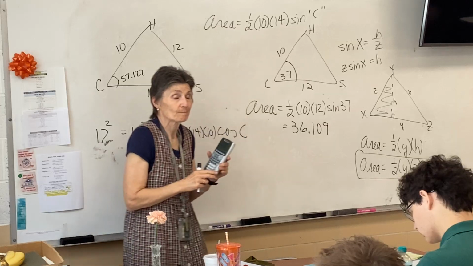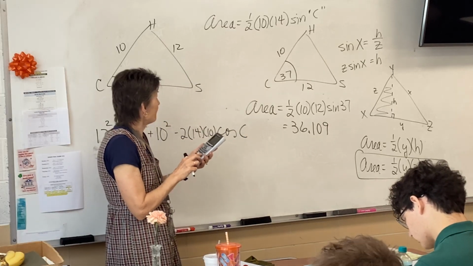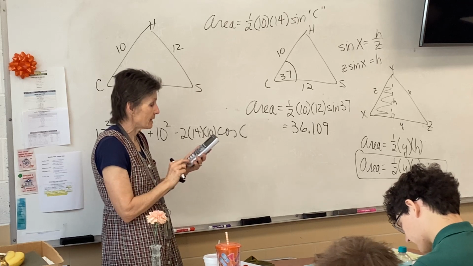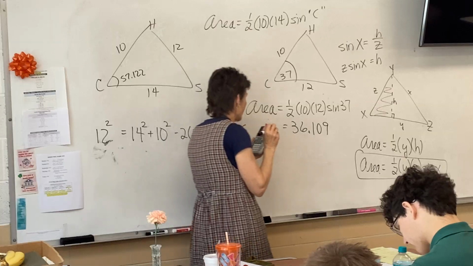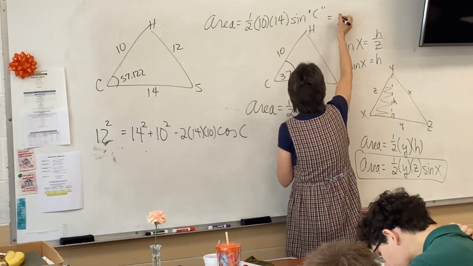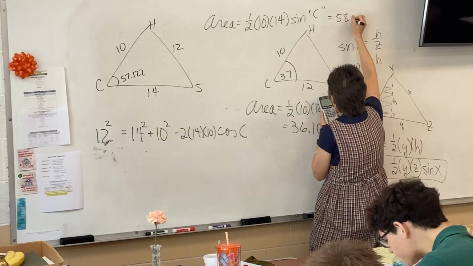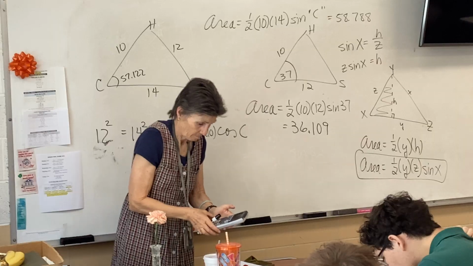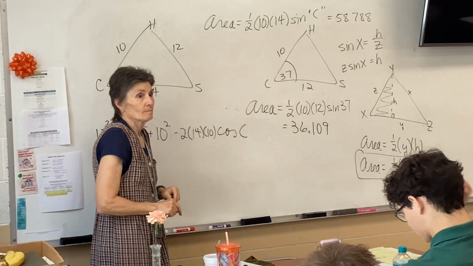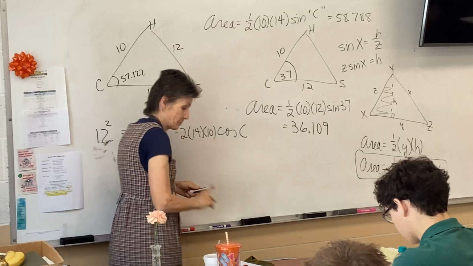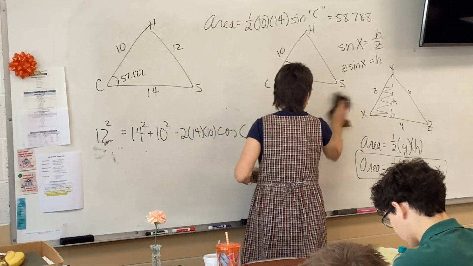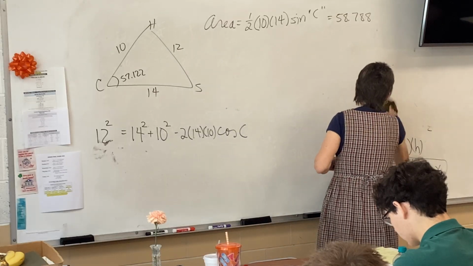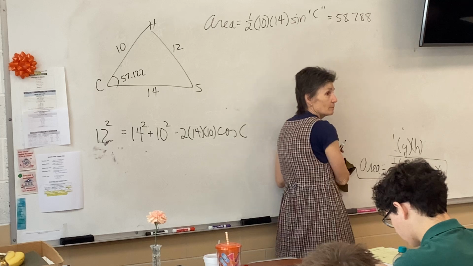I don't want to round it off. So 1/2 times 10 times 14 times sine of the answer. Did you get 58.788 basically? Everybody get that?